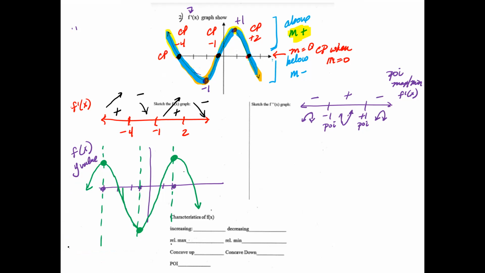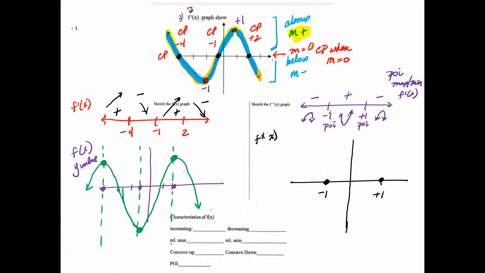Okay, so with those things in mind, let's go ahead and draw the f double prime of x graph. My 2 points of inflection are at -1, which is right here, and +1 right here.